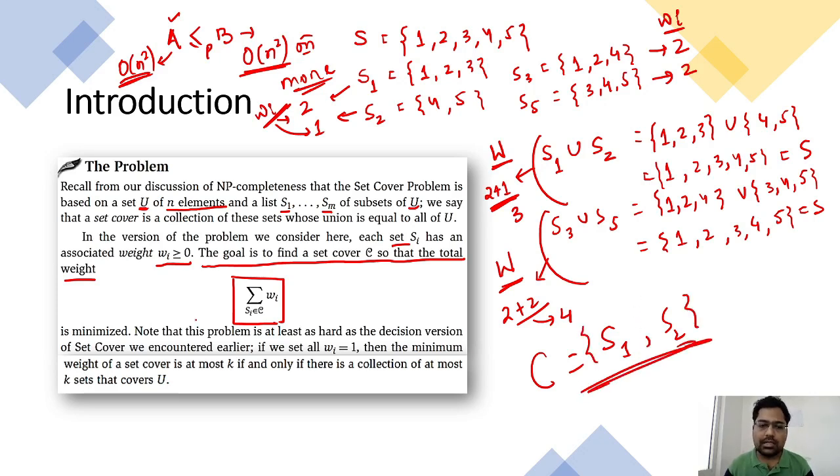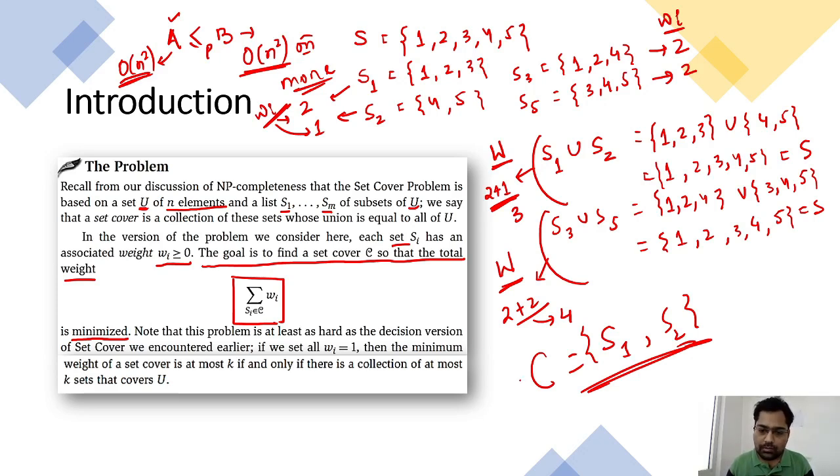Each weight that is assigned to each subset will be minimized. It is clearly mentioned that our goal is to find a subset, no doubt, but the total cost we are getting should be minimized.